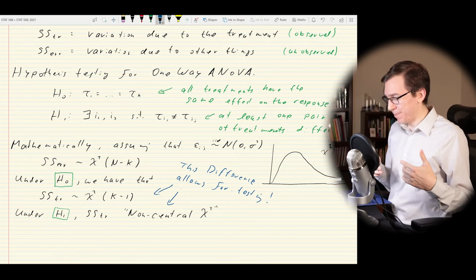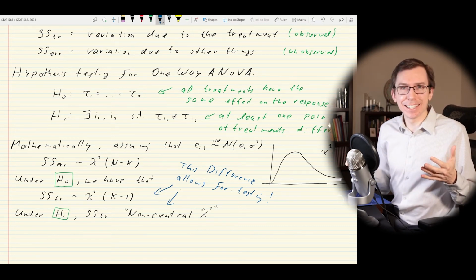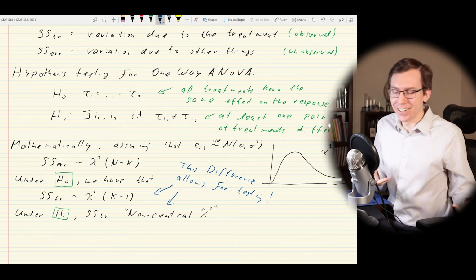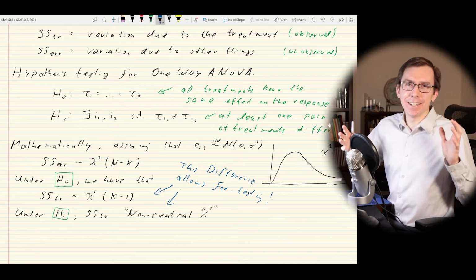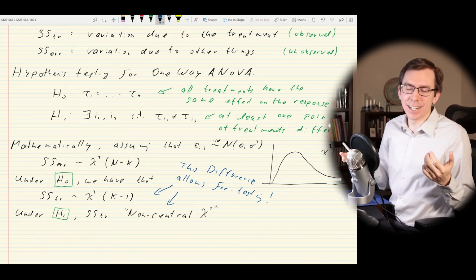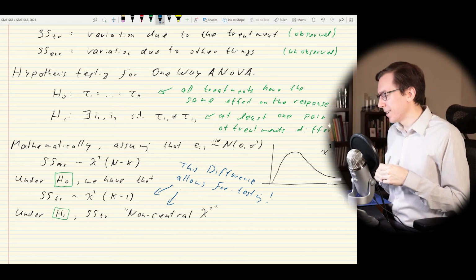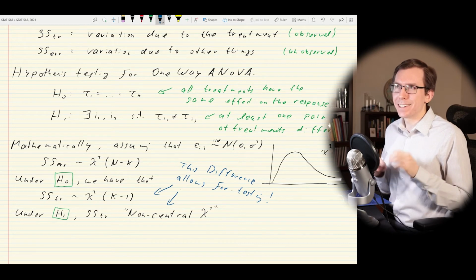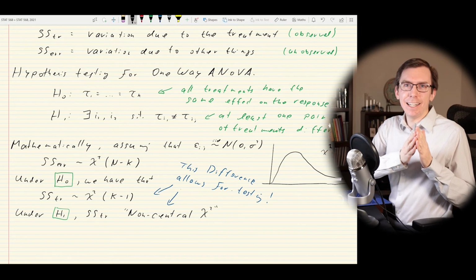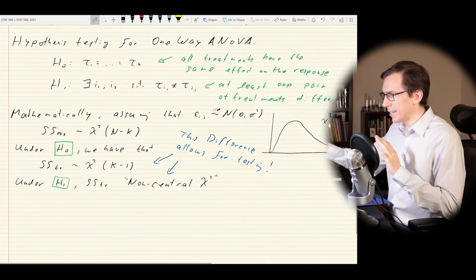We're going to look at our treatment sum of squares, and we're going to ask the question, well, does it look like it has a chi-squared distribution, or does it look like it has a non-central chi-squared? Now, you don't need to know the definition of these distributions precisely, especially the non-central chi-squared, which is just kind of like a shifted chi-squared. Okay, there's more subtleties to the definition that I'm not going to get into, but the mean is shifted a bit. The distribution itself isn't shifted, but the mean is kind of shifted.